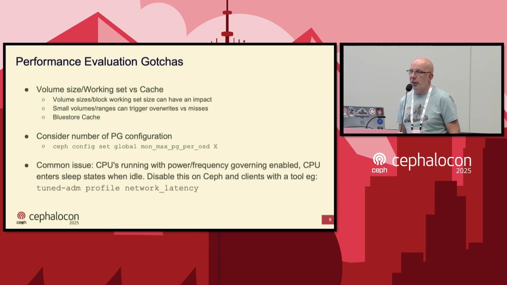You'll just be sitting there hammering one or two OSDs, when to get best performance you actually want to be spreading IO over more of your OSDs, and you do that by having more placement groups in your Ceph cluster.